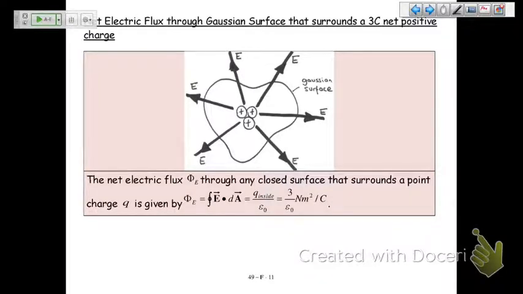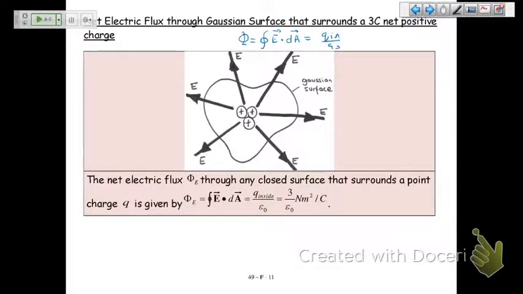So the electric flux through a Gaussian surface surrounding a 3 Coulomb net positive charge. Well, let's have a look. I say that my flux is equal to the surface integral of E dot dA, which equals Q inside over epsilon naught.